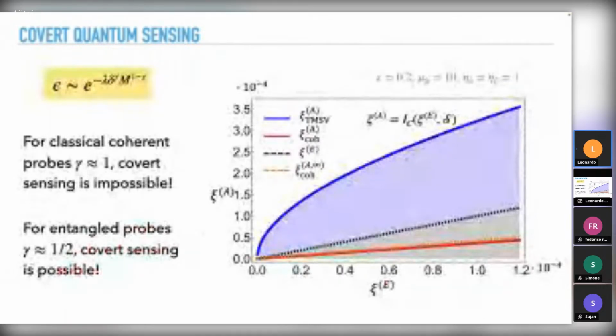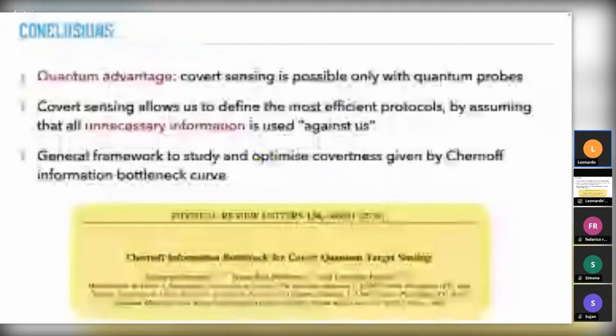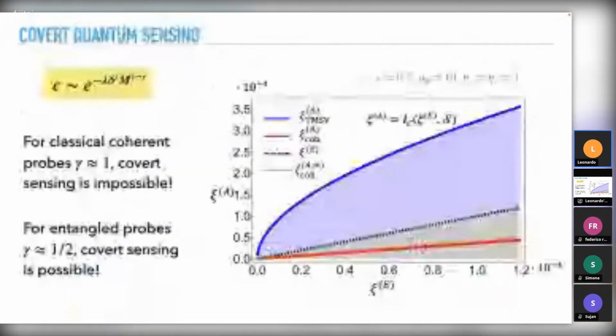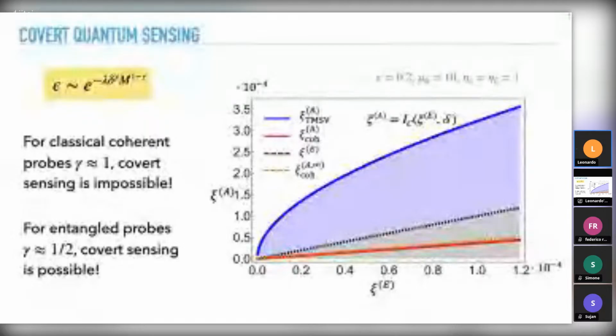Here, on the other hand, it is linear. Yeah. So what we found by studying this quantity over here is that for classical coherent probes, this curve is basically linear. So covert sensing is impossible. While in the quantum setting for entangled probes, we estimate this gamma to be 1/2, and so covert sensing is possible.